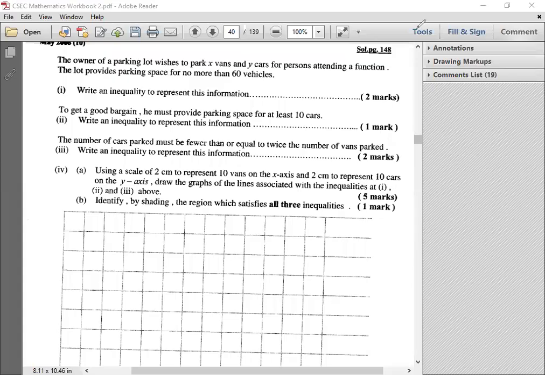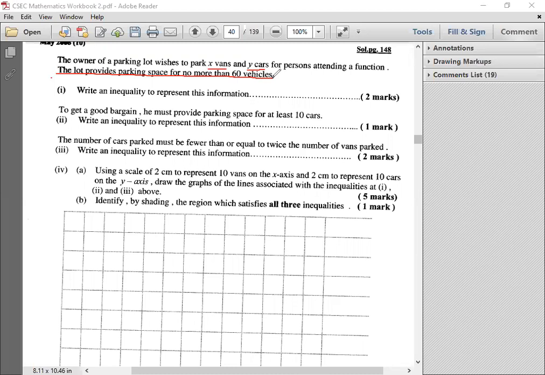So let us look at this. It says that the owner of a parking lot wishes to park X vans and Y cars, and that the parking lot has a space of no more than 60 vehicles.